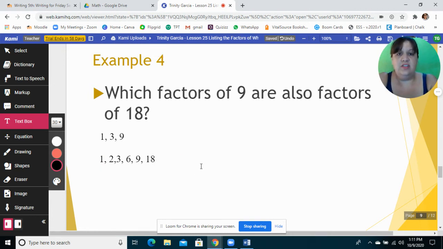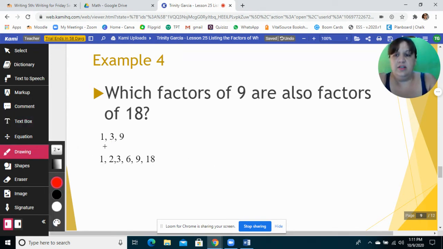So which factors of 9 are also factors of 18? Let's underline the ones that are the same. 1, 3, 9, right? 1, 3, 9. Good.